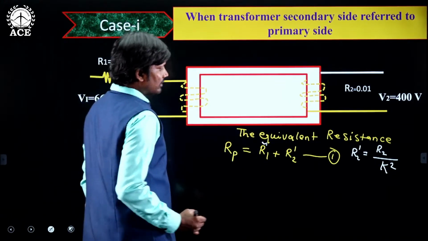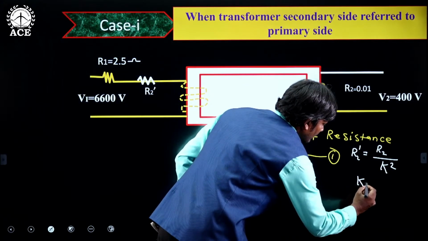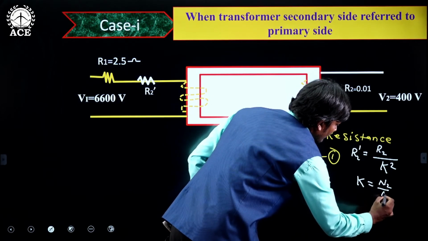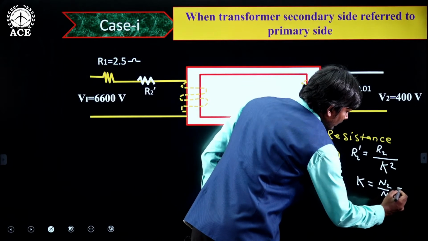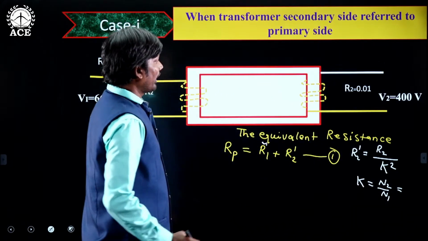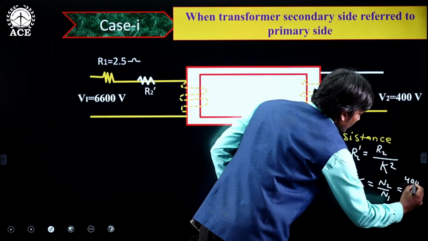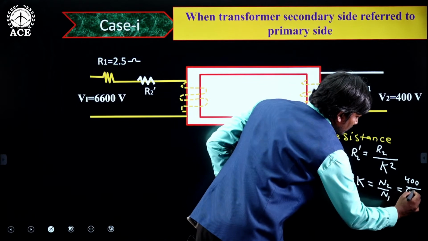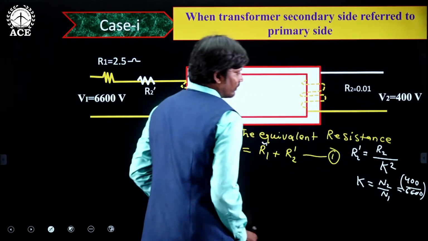Now calculate K square. K is equal to N2 by N1. N2 is 400 and N1 is 6600.